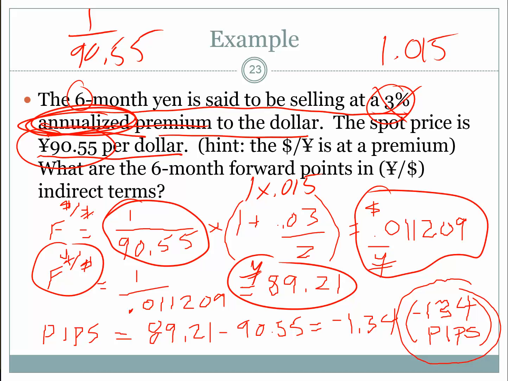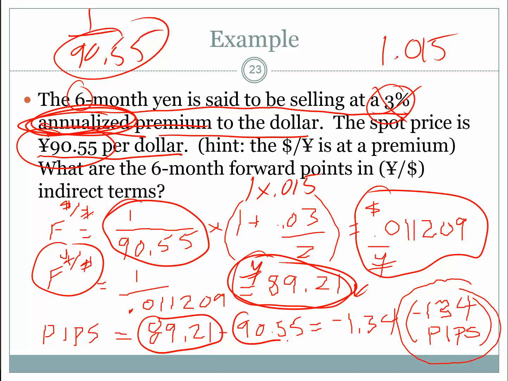So there you see the spot price is 90.5, the yen is selling at a 3% annualized premium for 6 months. That means the forward price is actually lower because that reflects that the dollar is selling at a discount. Now, if the forward price is 89.21 and the spot price is 90.55, if I take the difference, that's 1.34.